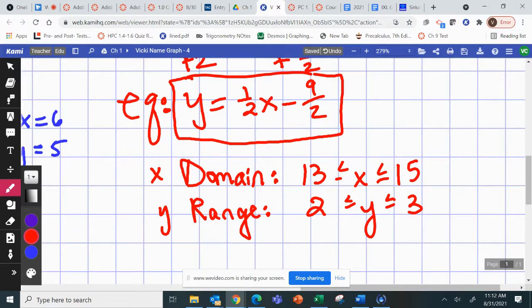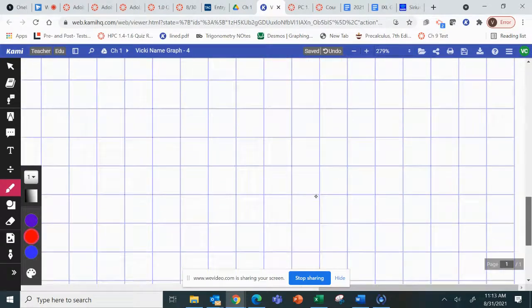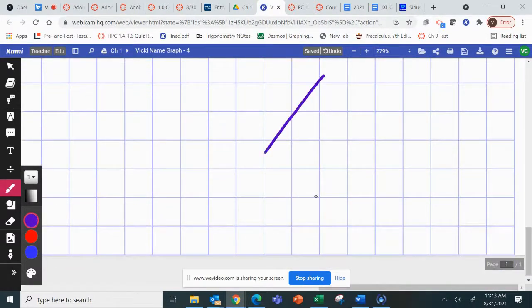Okay? So when you write your domain and your range, wait, let me go back further. Domain and range of all lines, I'm just going off on a tangent here. All lines, linear.